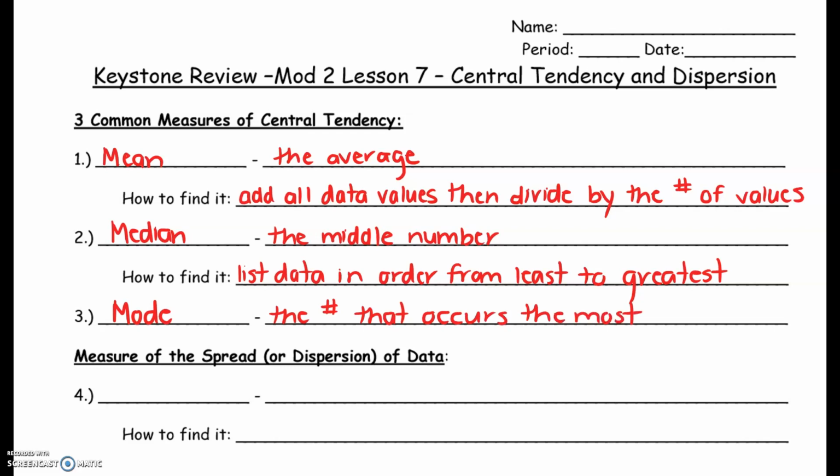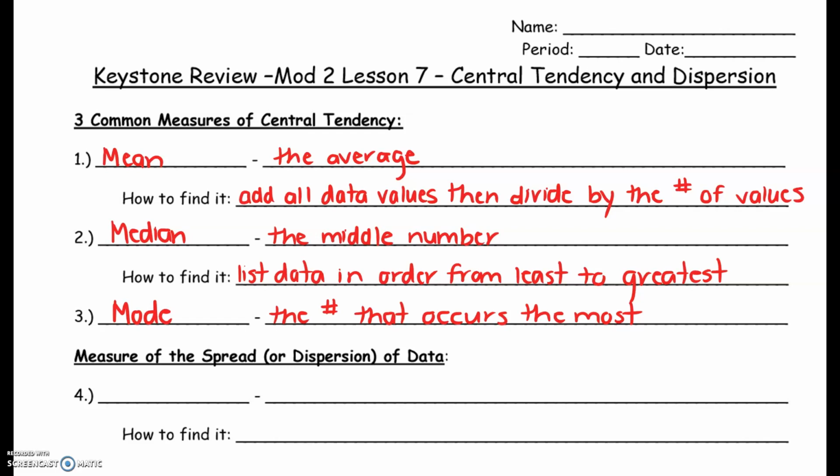We just have to look at the list and see if there's one number that occurs more than all of the others. It is possible that there is no mode. If all of the numbers only occur one time, then there's no mode. If you have multiple numbers that appear twice, there's no mode. You have to have one number that occurs more than all of the others, and in that case, you would then have a mode.